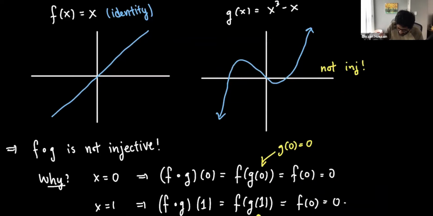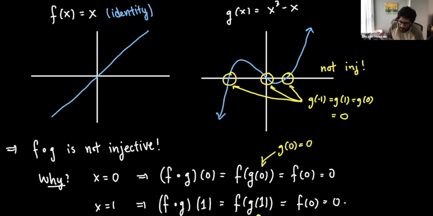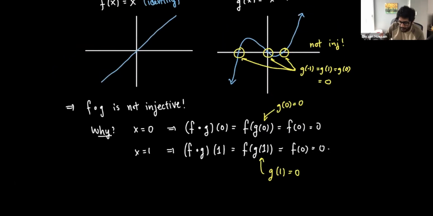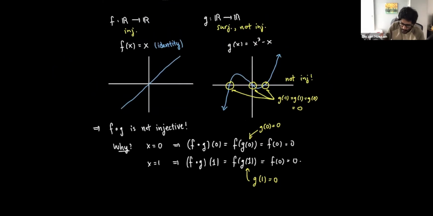Another example is, since there are 3 roots, there are 3 places where g is 0. At -1, 1, and 0, this function is 0. So this function is not injective because it hits 0 multiple times. Okay? So that's the strategy for a counterexample like this. Very good.